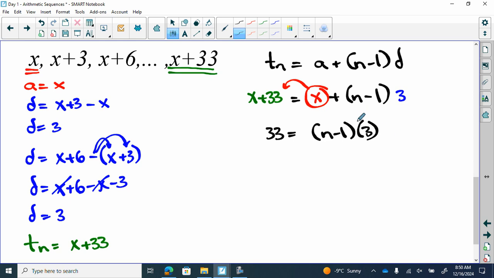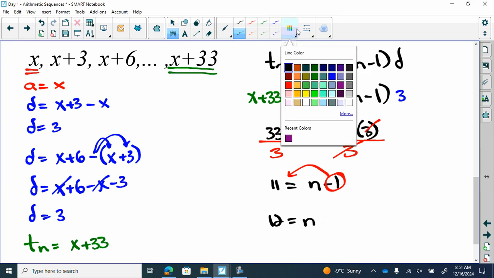Now, I could multiply through the brackets. What else could I do? Divide by 3. Nice. That gets rid of this. Whatever you do to the right, you do to the left. I've got 11 equal to n minus 1. And then what would I do? Move the 1 over or add 1 to both sides.